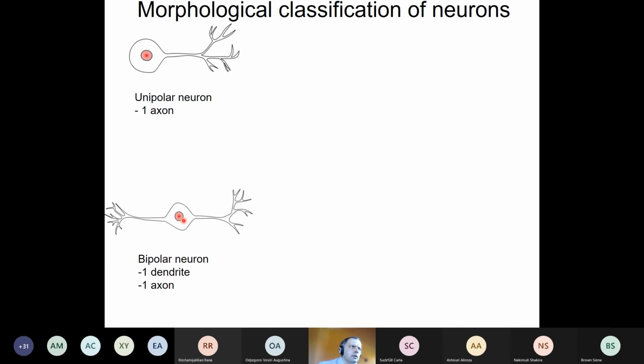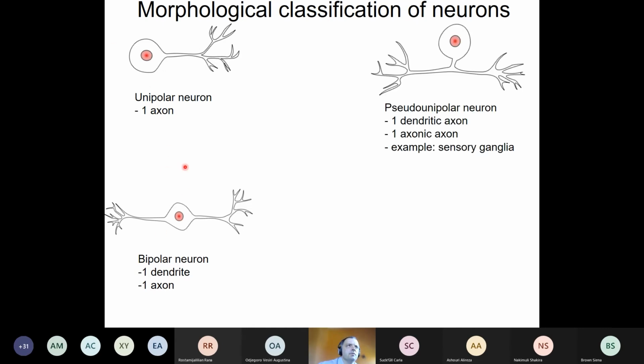You don't have to know that much about these cells, but what you have to know is this kind of cell. And this is a funny thing, because this cell has one single process which splits into two branches, and the debate was always there in the literature. What to call these cells? How do we define them, or what terminology do we use for them?